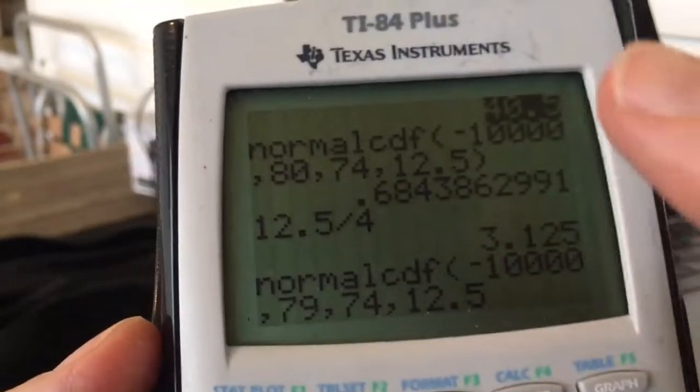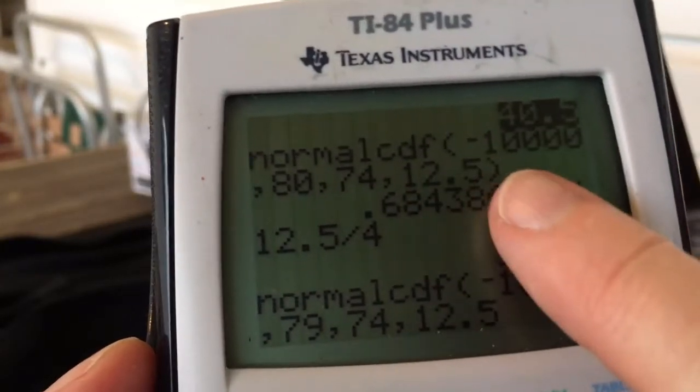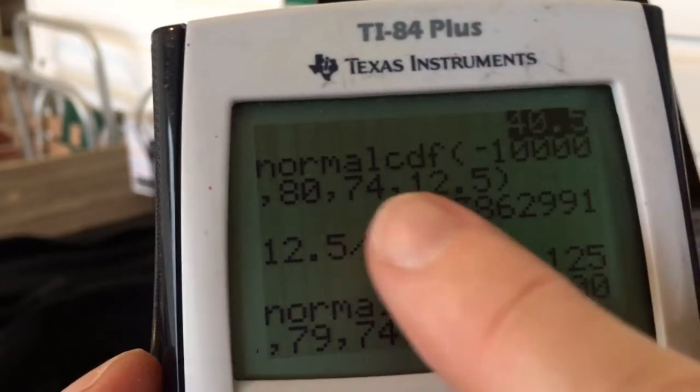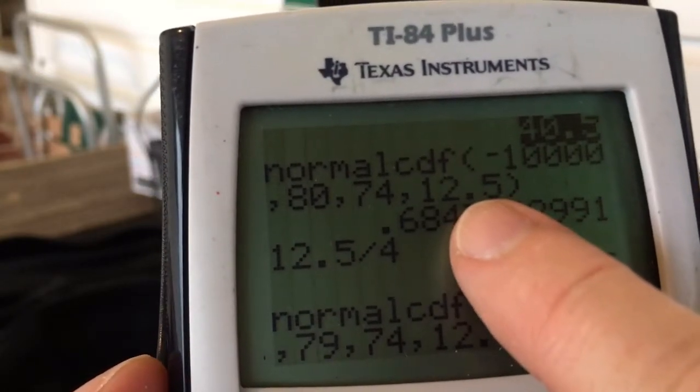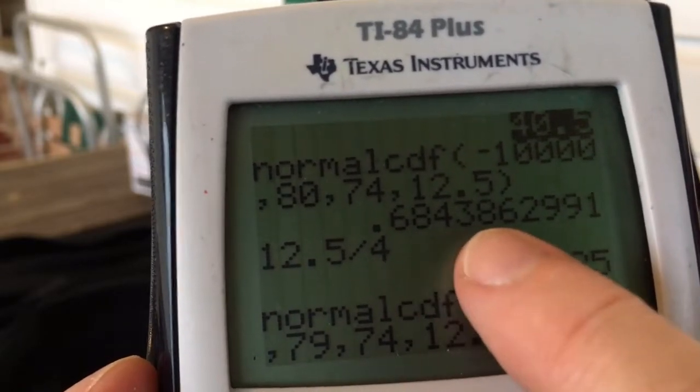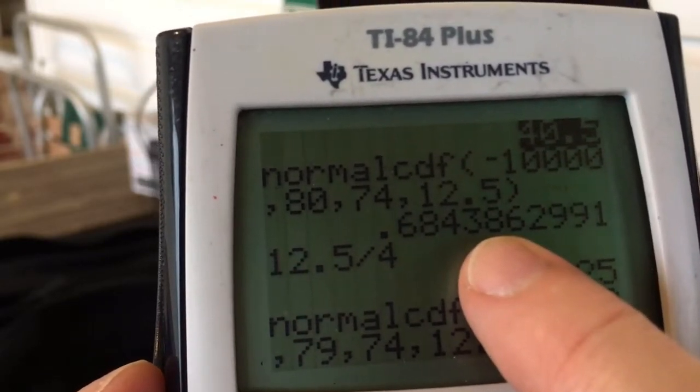This is the one that I used right here. Normal CDF, negative 10,000 to 80. 74 was the mean, 12.5 was the original standard deviation. So I got 68.44%, and that is the book's answer.